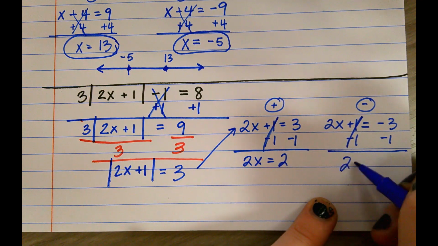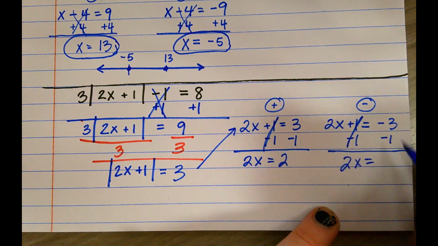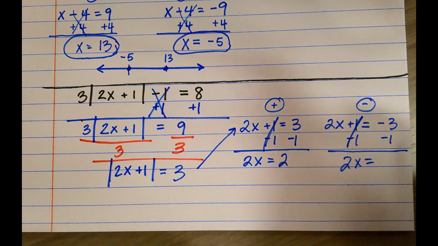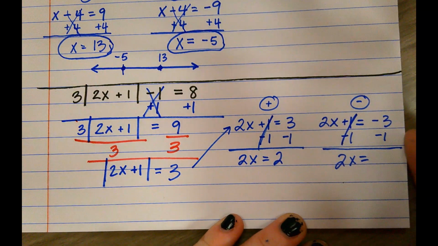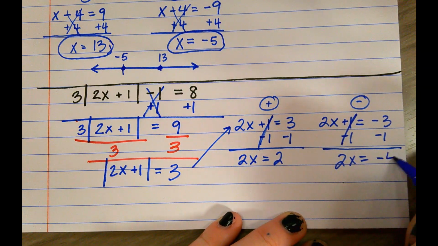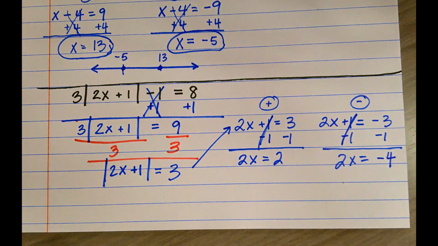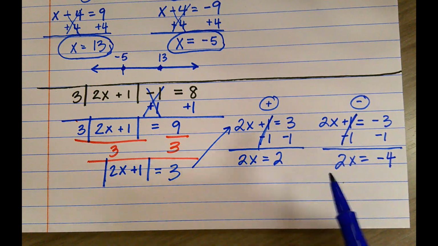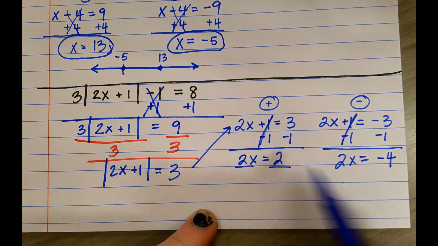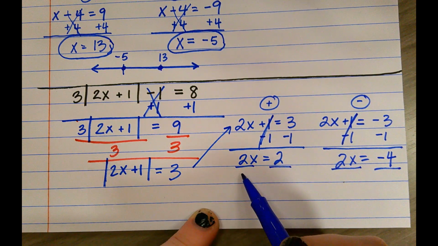For our negative, we have 2x equals -3 minus 1, which is what? -4. Yeah, -4. I know those negatives can get us. Last step on both, we just divide by 2.